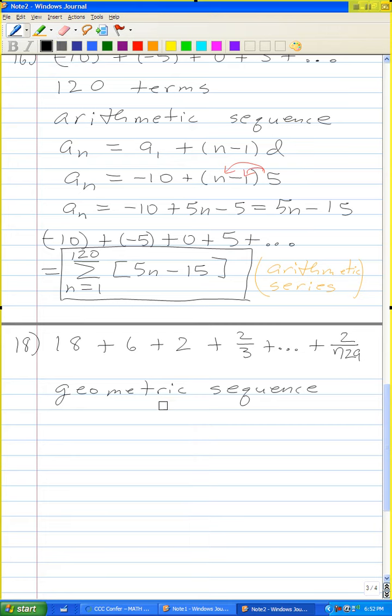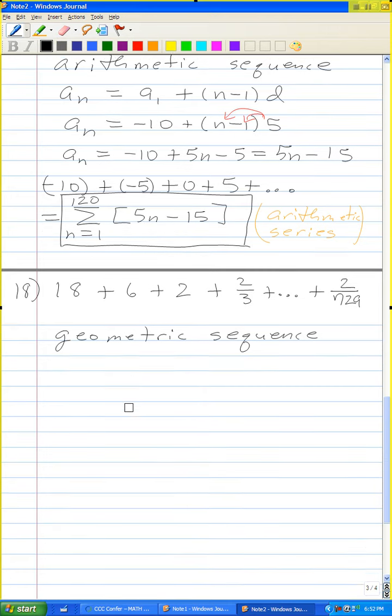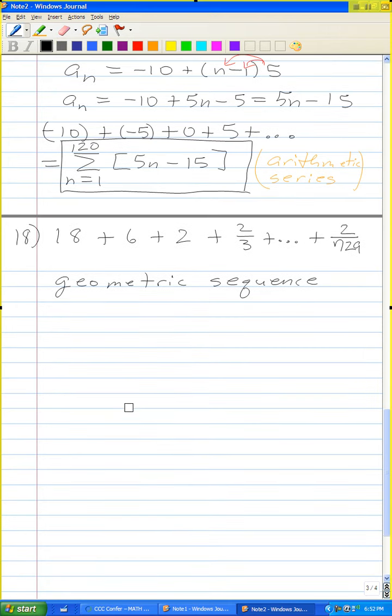In this case, since it's formed from a geometric sequence, we'll actually call it a geometric series. So I know that from the last section, I can characterize the general term of a geometric sequence as a sub n equaling a1 r to the n minus 1. So the nth term is just the first term, 18.